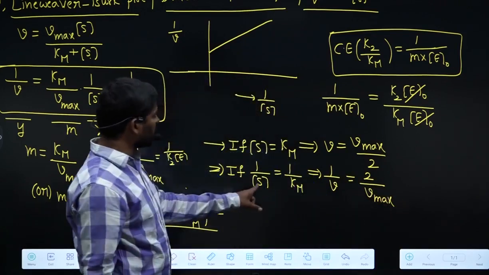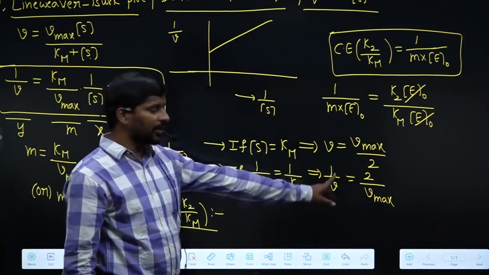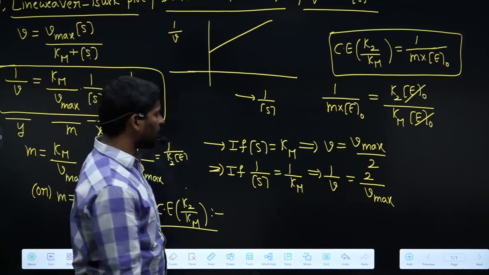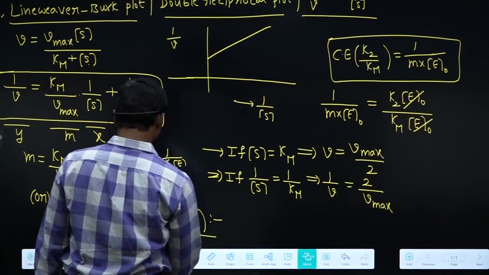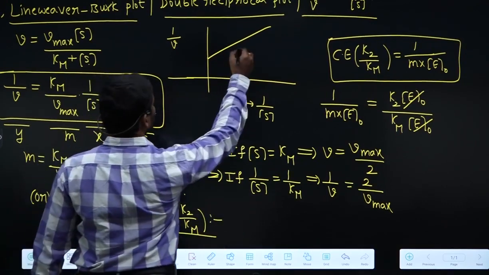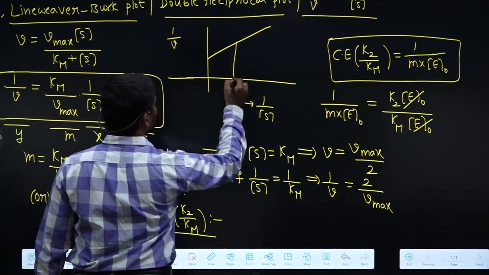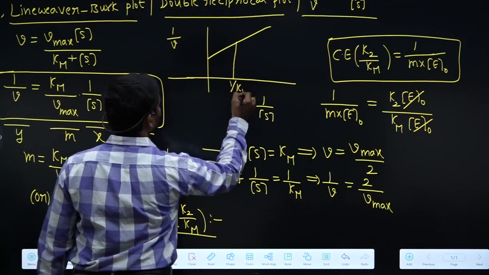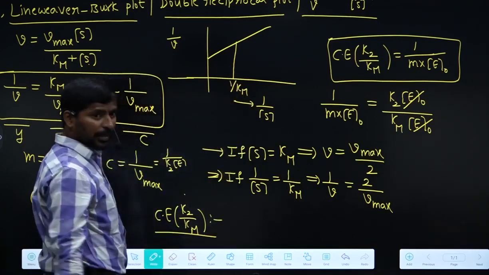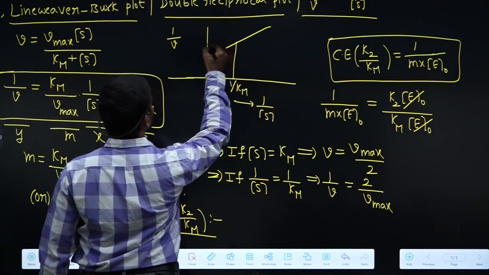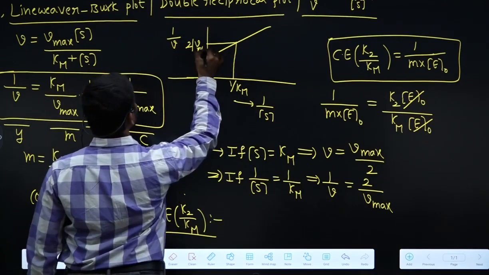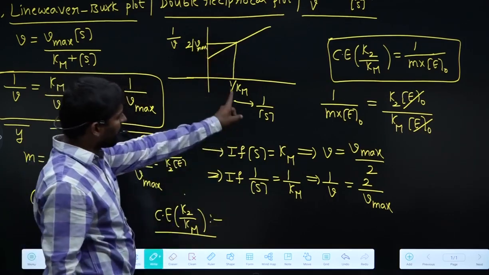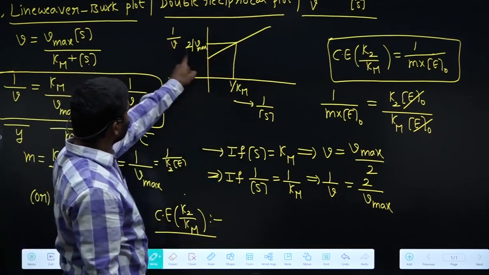So if 1 by S is equal to 1 by Km, the 1 by V value obtained is 2 by V max.